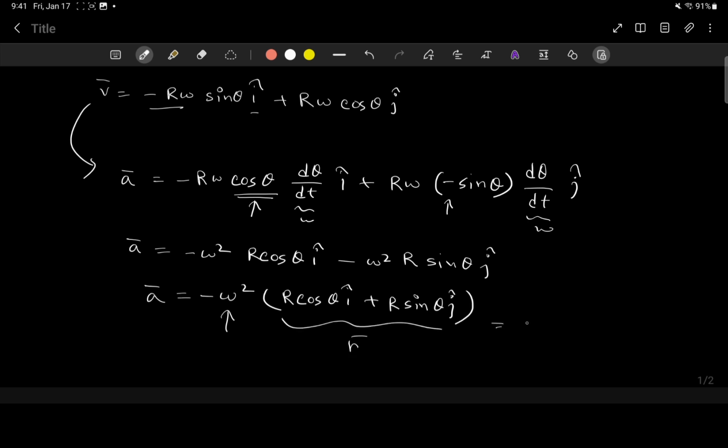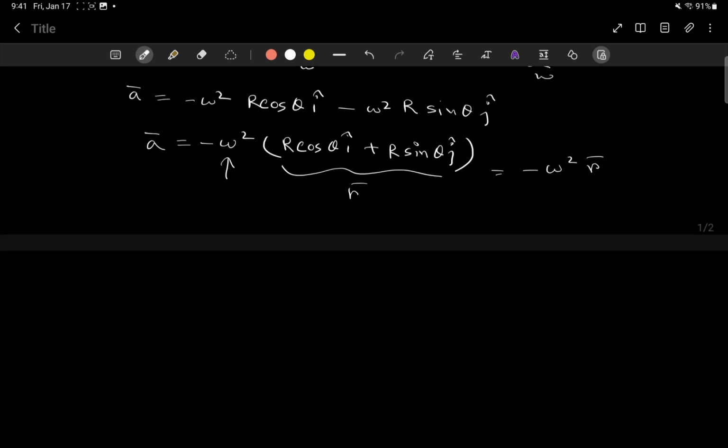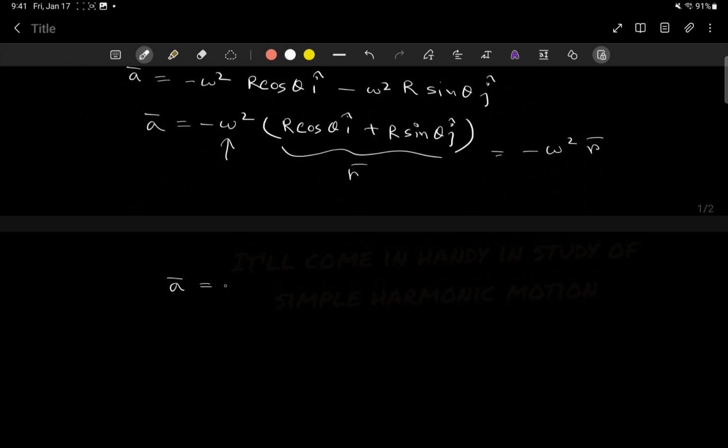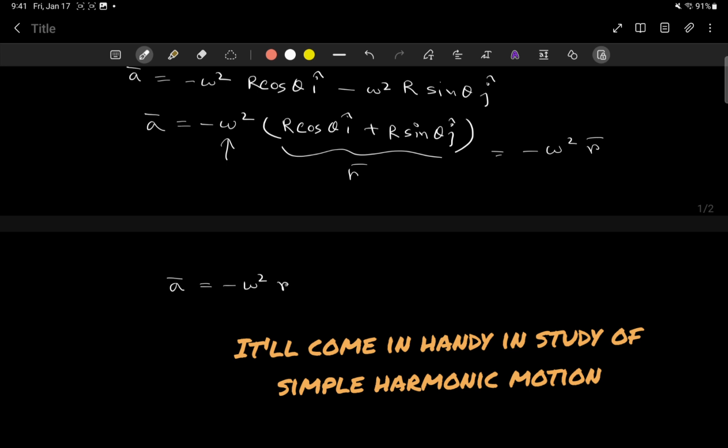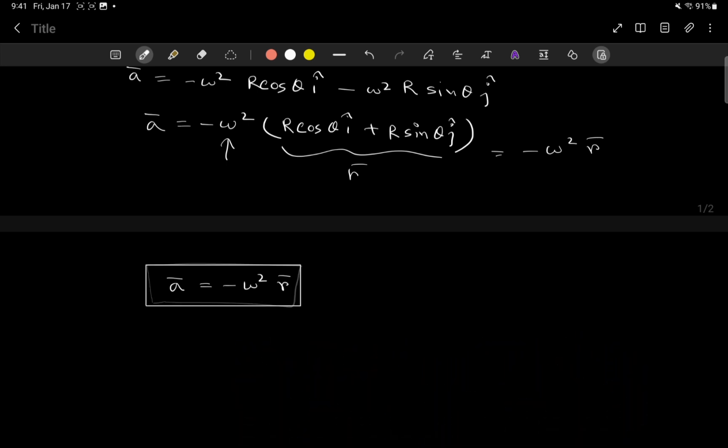So acceleration is equal to negative omega squared r. We have found the acceleration to be minus omega squared r, and this is the centripetal acceleration.